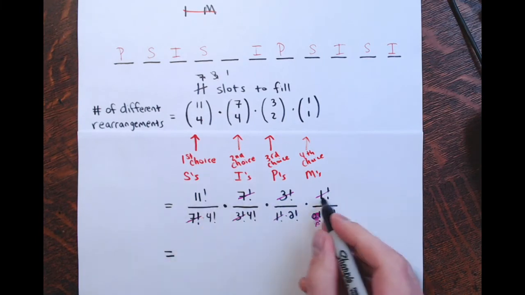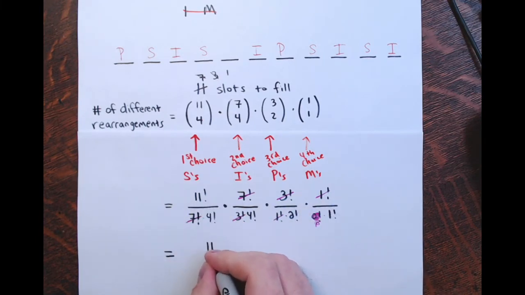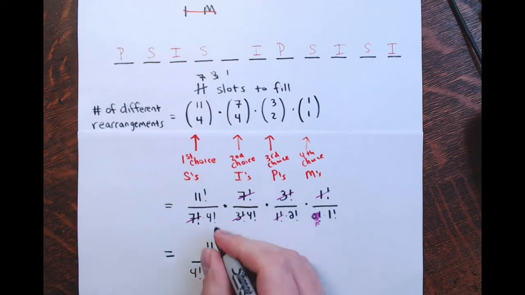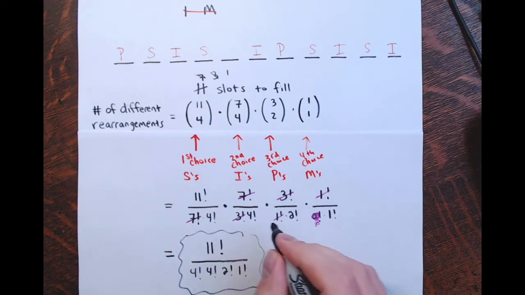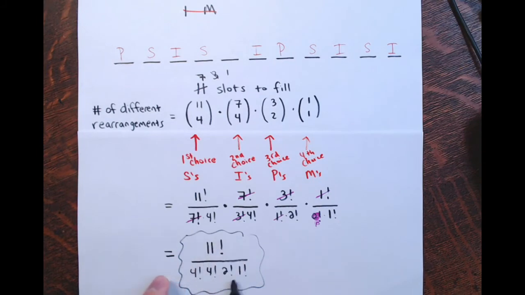In the numerator, all I'm left with is this factor of 11 factorial. And then in the denominator, I have 4 factorial times 4 factorial times 2 factorial times 1 factorial. So you could also express it this way, product of combinations like this, or as these factorials.